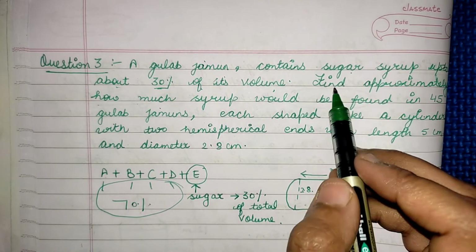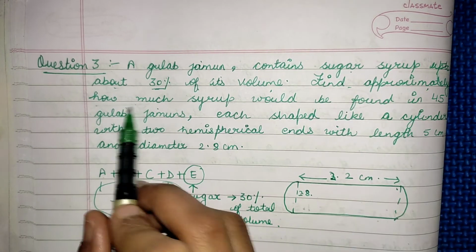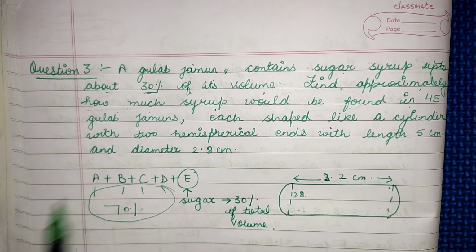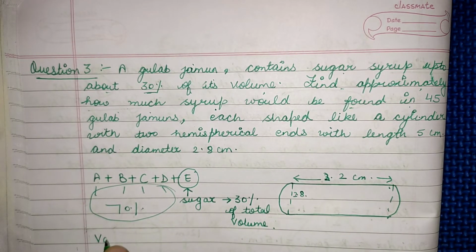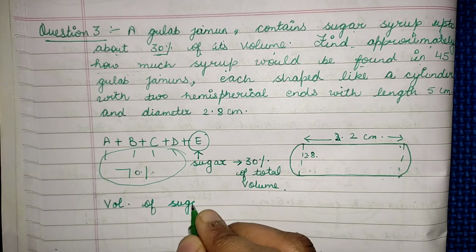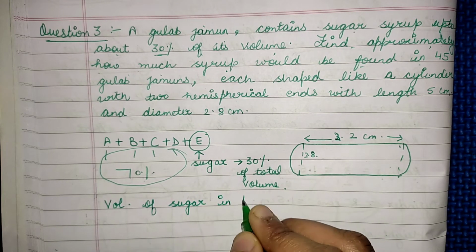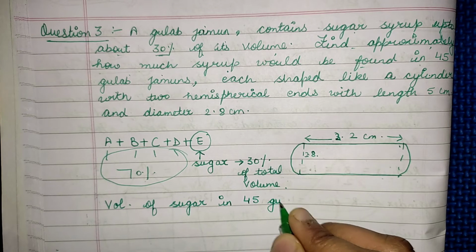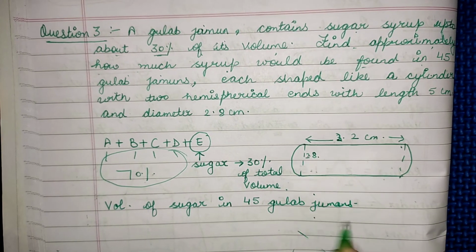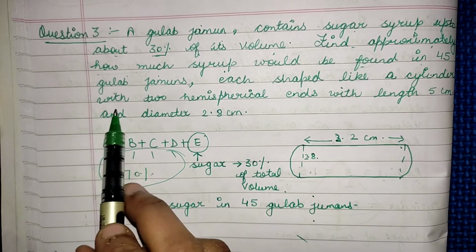Okay, then what you have to find out? Find approximately how much syrup would be found in 45 gulab jamuns. We have to find out the volume of sugar in 45 gulab jamuns, each shaped like a cylinder.